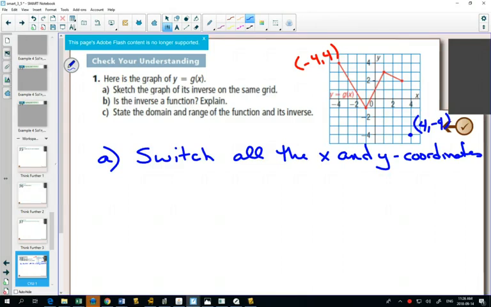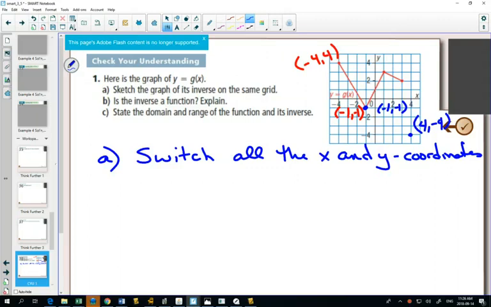The second point is negative 1, negative 1, and if I switch them, I would still get negative 1 and negative 1. You don't alter the signs, you just switch the x and the y values.